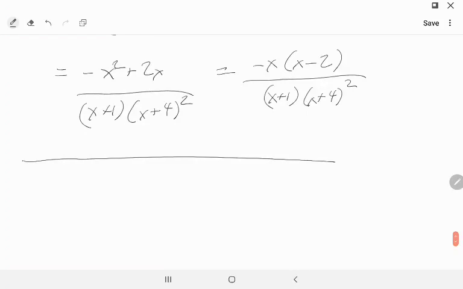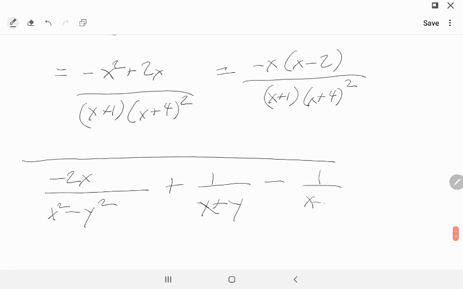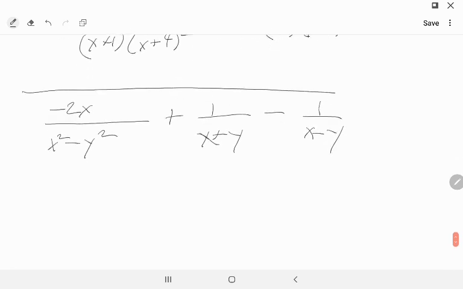If we looked at negative 2x divided by x squared minus y squared, plus 1 divided by x plus y, minus 1 divided by x minus y, we notice that x squared minus y squared factors as x minus y times x plus y.